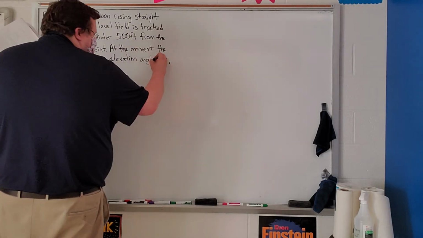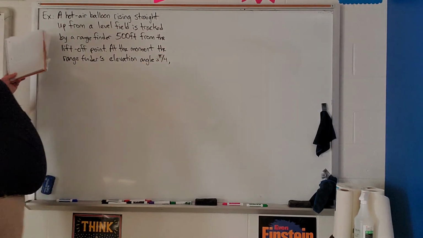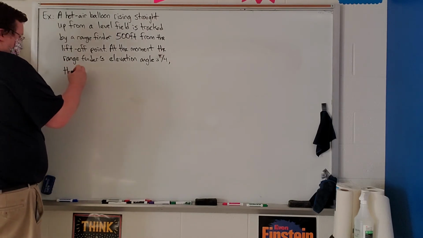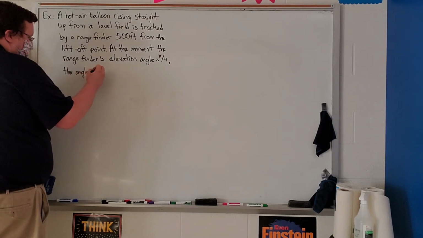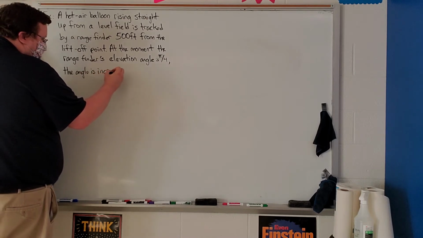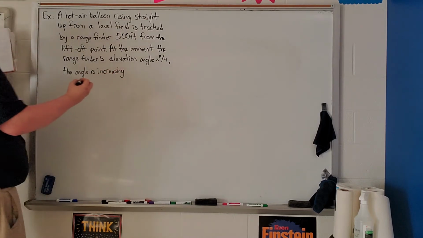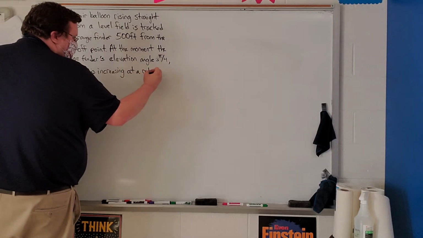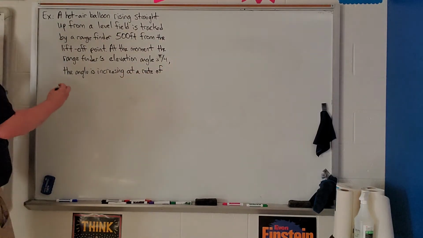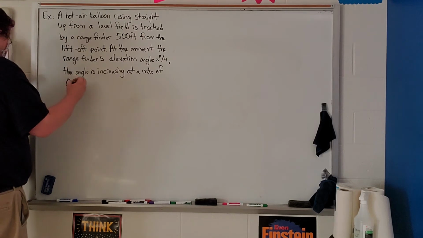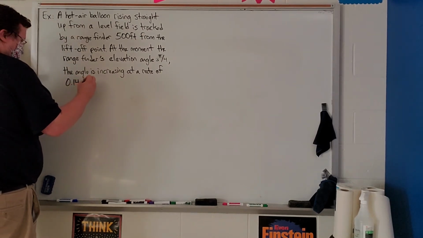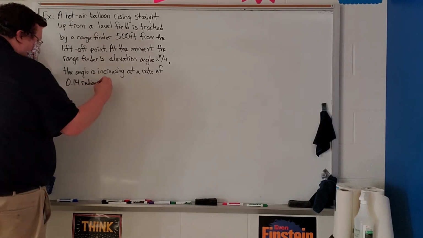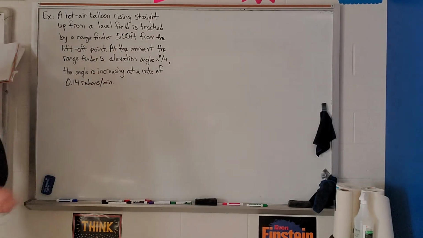The angle of elevation is pi over 4 radians. The angle is increasing at a rate of 0.14 radians per minute.